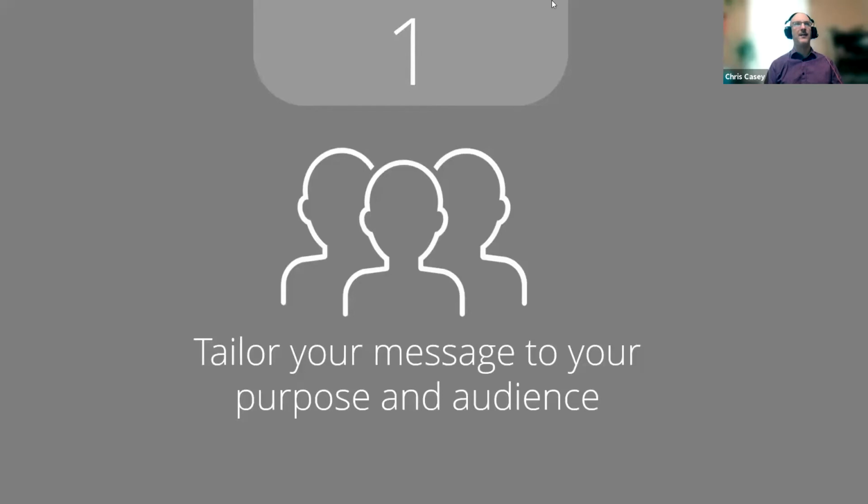Hello, everybody. This is Chris Casey. So thanks, Lisa, for that overview and introduction to health literacy, an overview of the strategies that we use at HLM to make health communication as clear and actionable as it can be. So we're going to take a deep dive into all the strategies that Lisa just introduced in the previous slide.